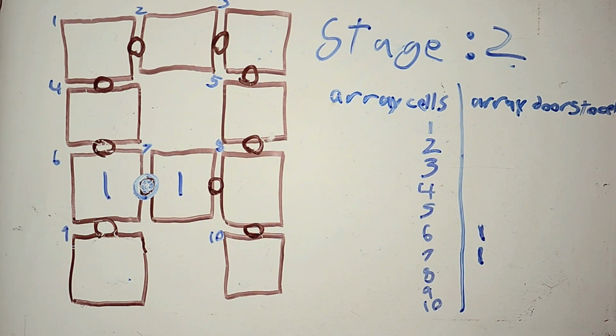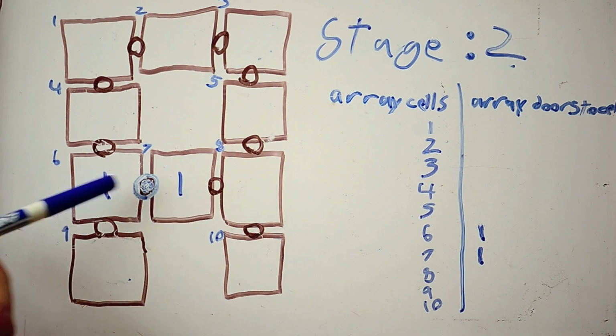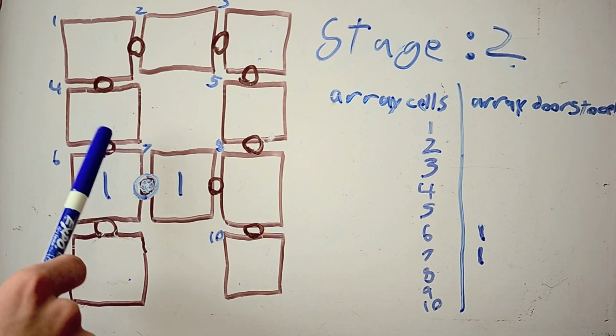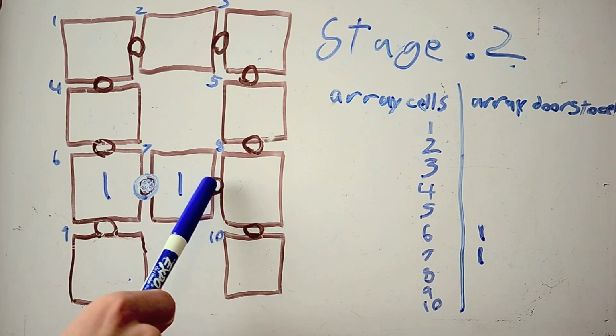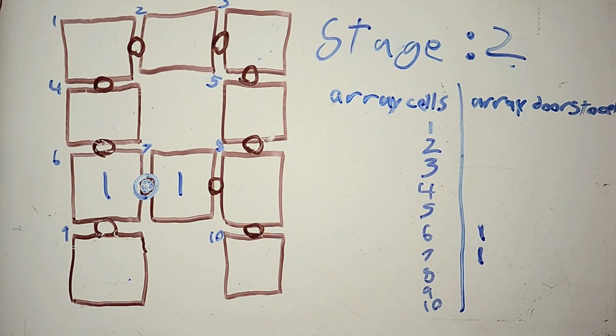So now that we've found the cells that were set in the previous stage, we're going to access the script that is attached to each of those cells. And remember, in the cell script, the only thing those cells do is remember all of the doors that were in contact with that cell when it was created.